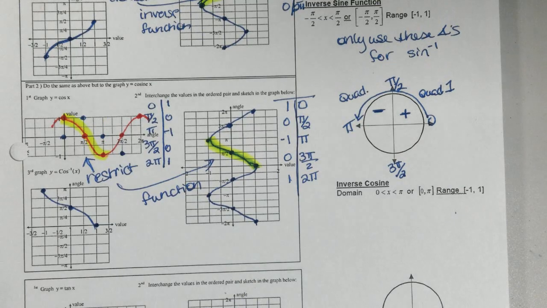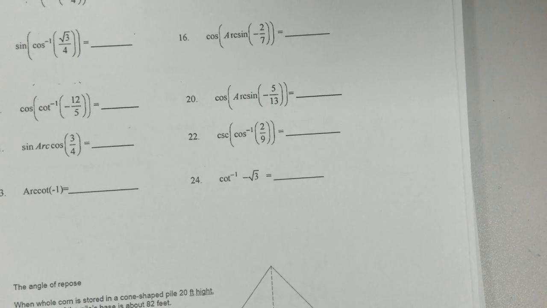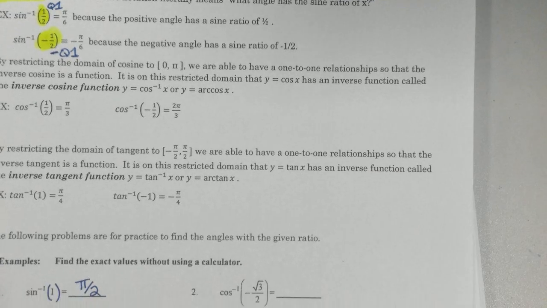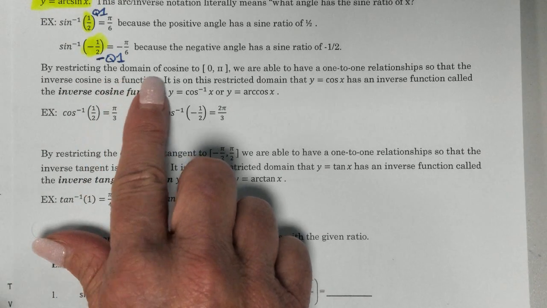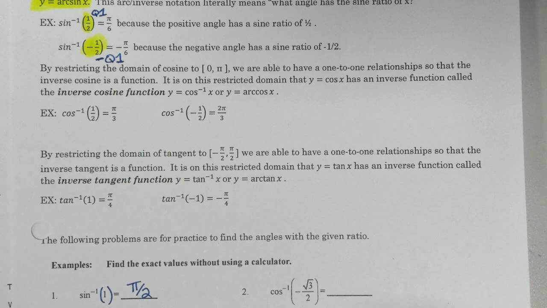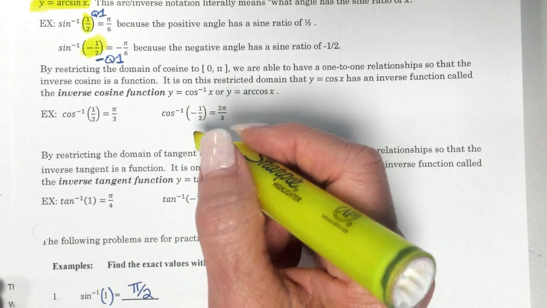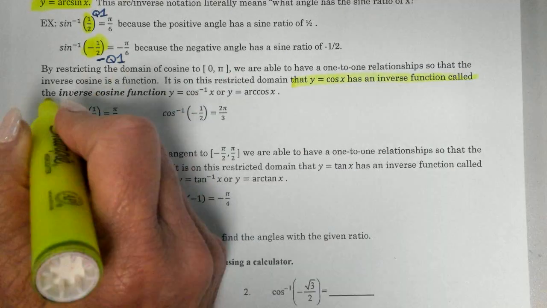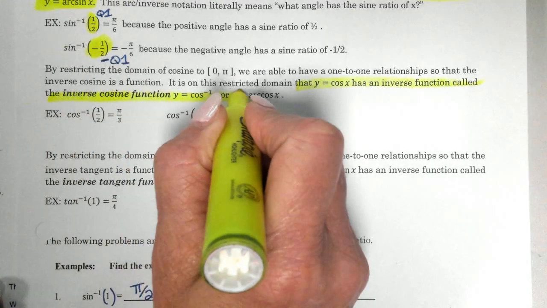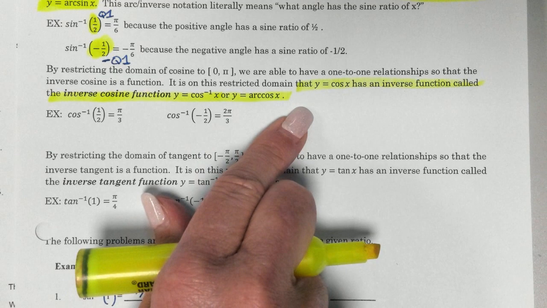All right. So now then, if you'll flip the page and look at page 13 again, we've got restricting the domain between 0 and pi. You're able to have that one-to-one relationship. And just like sine, y equals cosine has an inverse called the inverse cosine, or y equals arc cosine.